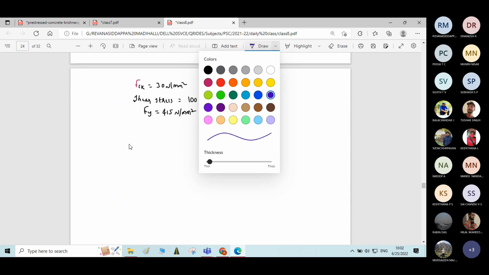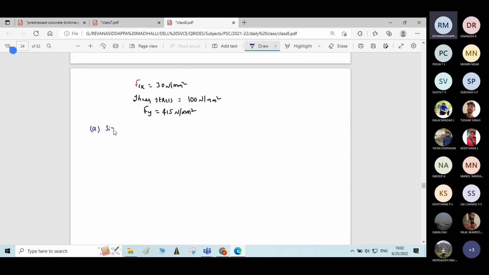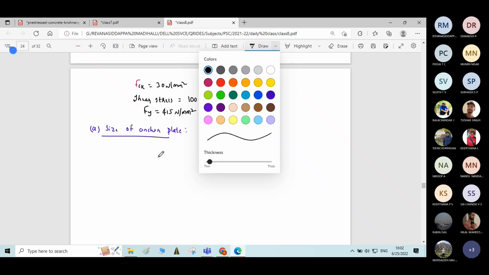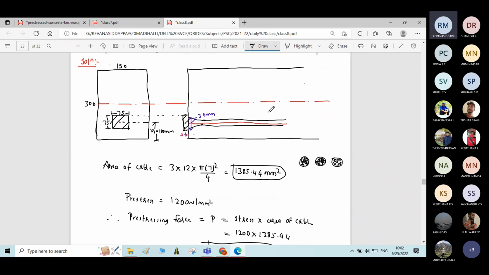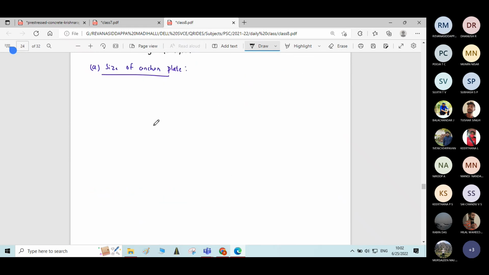Initially, find the size of the anchor plate, nothing but 2 ypo. It is given in the problem, 2 ypo is equal to 75 mm.